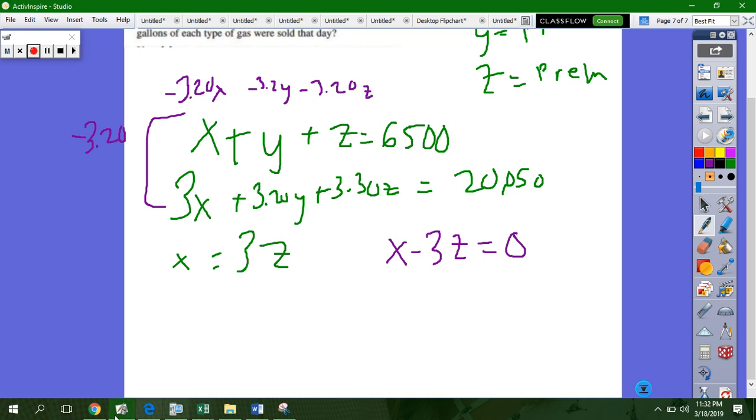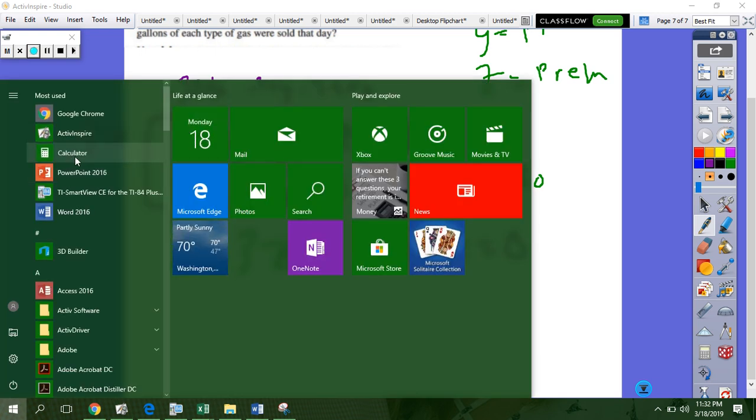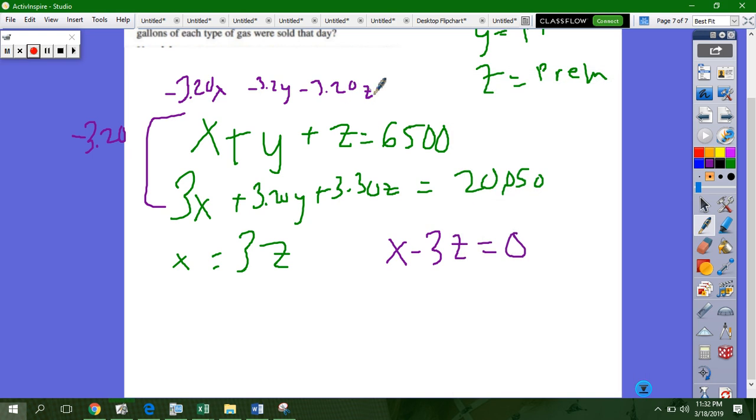And I'm going to hurry and use my calculator down here. 30 seconds, guys. So I have 320. I got to make it negative. Times 6,500 is negative 20,800. I'll rewrite that. So that's equal to negative 20,800.